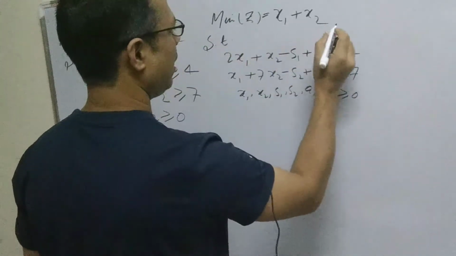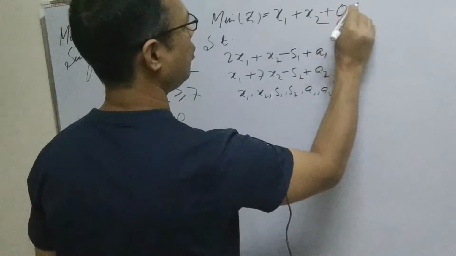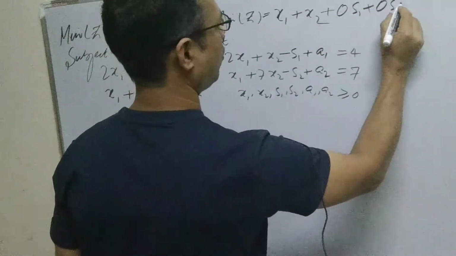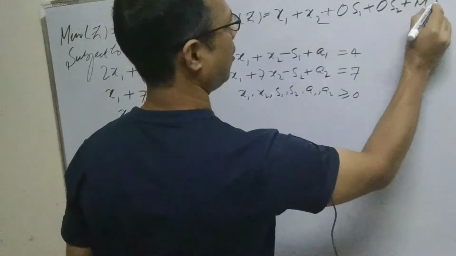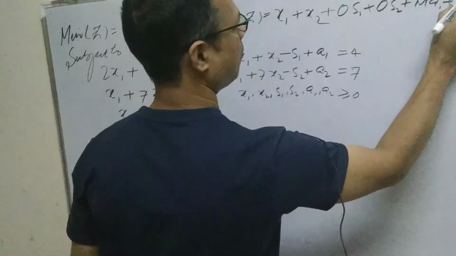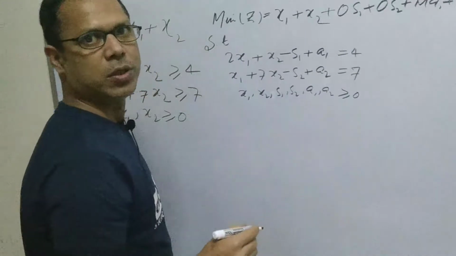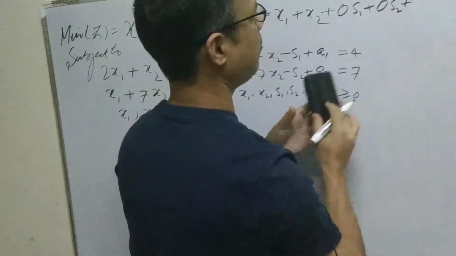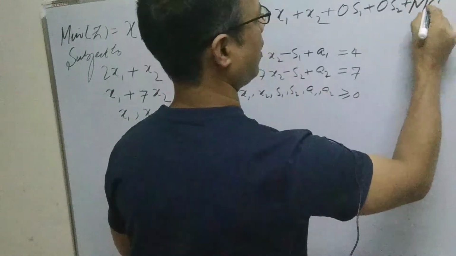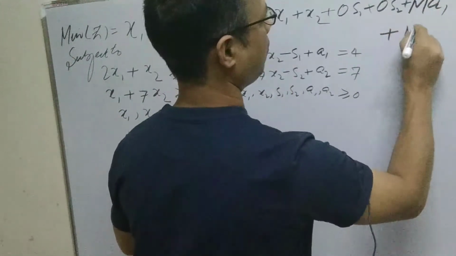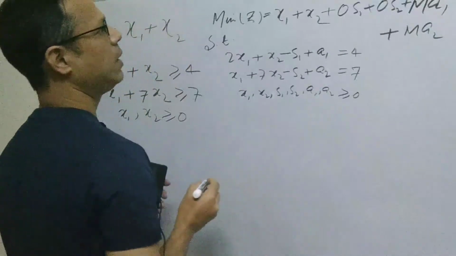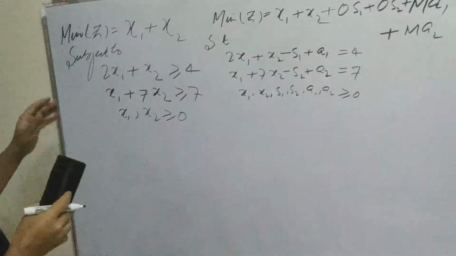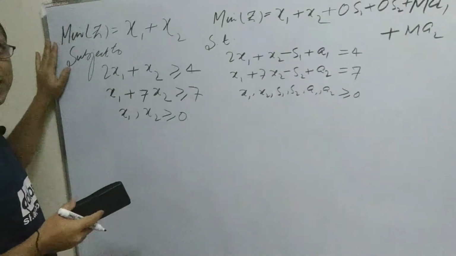Whatever variables I have added here, we need to introduce 0s1, 0s2, plus Ma1, plus Ma2 in the objective function.